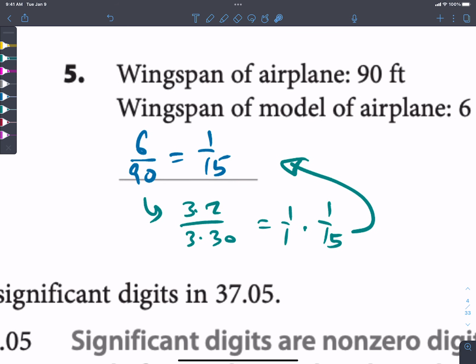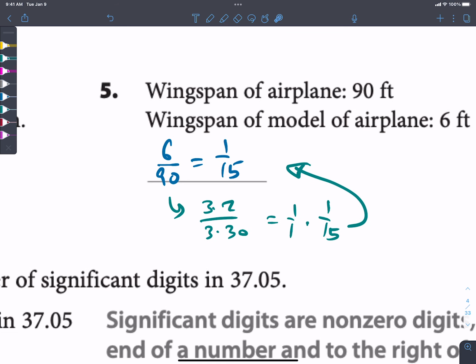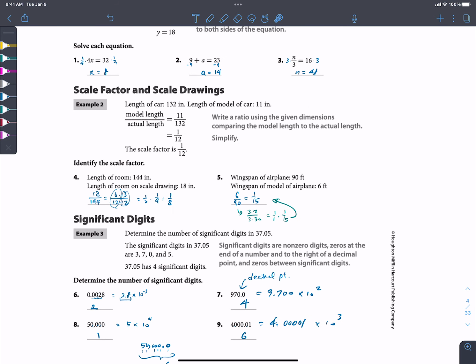But the way you would do that perhaps is, 6 goes into 90 right away. You could do a long division, or you could say, wait a minute, 6 is 3 times 2, and does 3 divide 90? It does, so it's 3 times 30. So 3 over 3 is 1, and 2 over 15 is a little easier. It's 1/15. That's how you might do that.